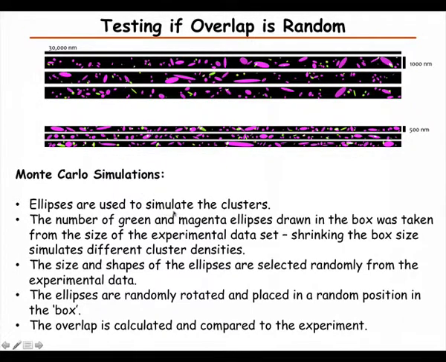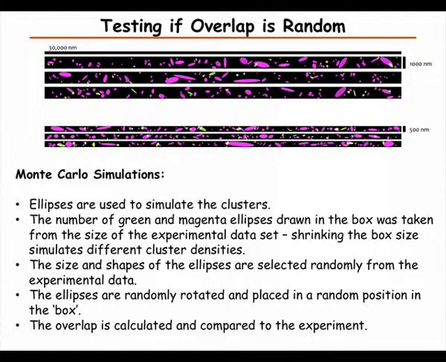So what we do is, the first assumption is that the particles are ellipses, which is a slight simplification, but it's not that far from the truth. Then from the experiment we take how many green and magenta ellipses there are, and what their size distribution is, and what their circularity is.